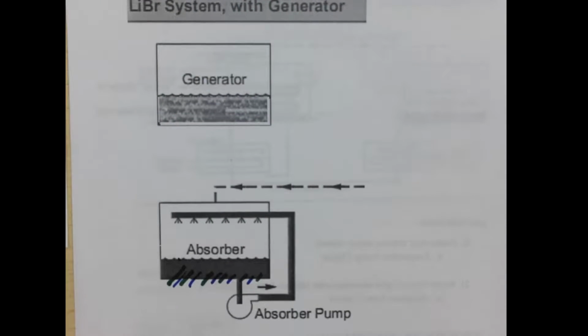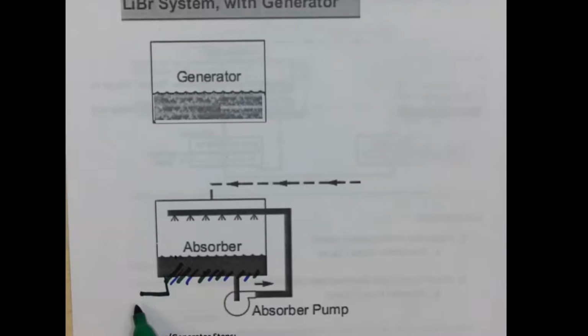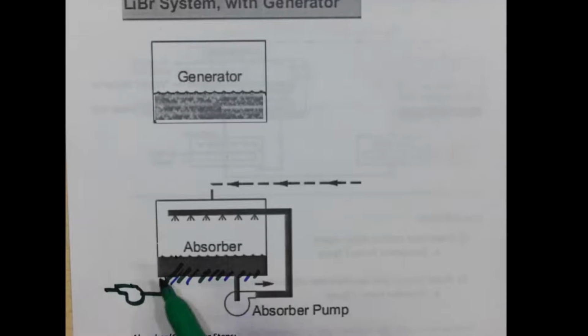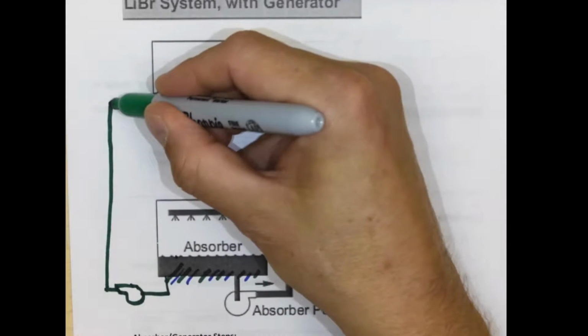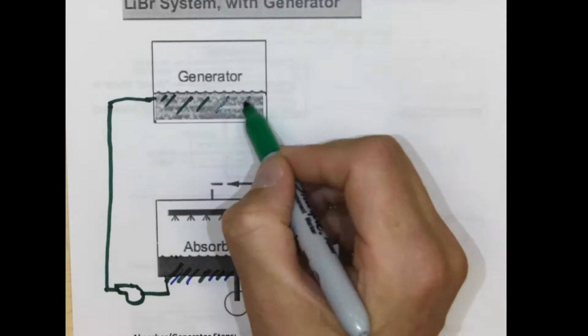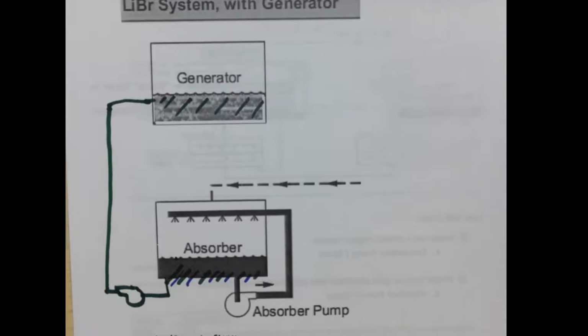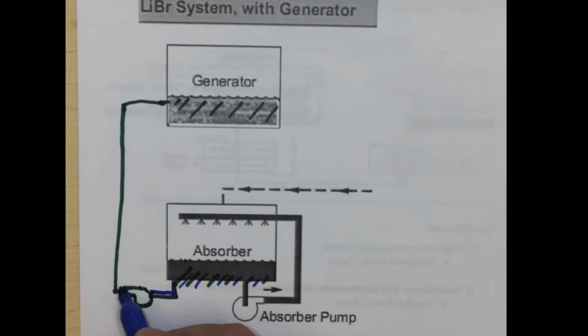What we would generally do with that is pump it up. So this solution gets pumped, and we're going to send it up to our generator. So it comes up here, and it comes in. That's a mix, so I'll just show both.